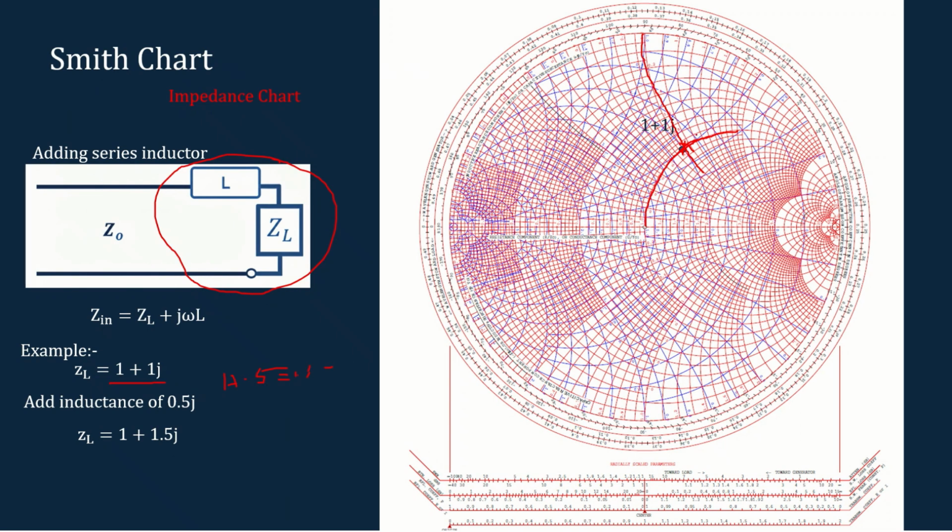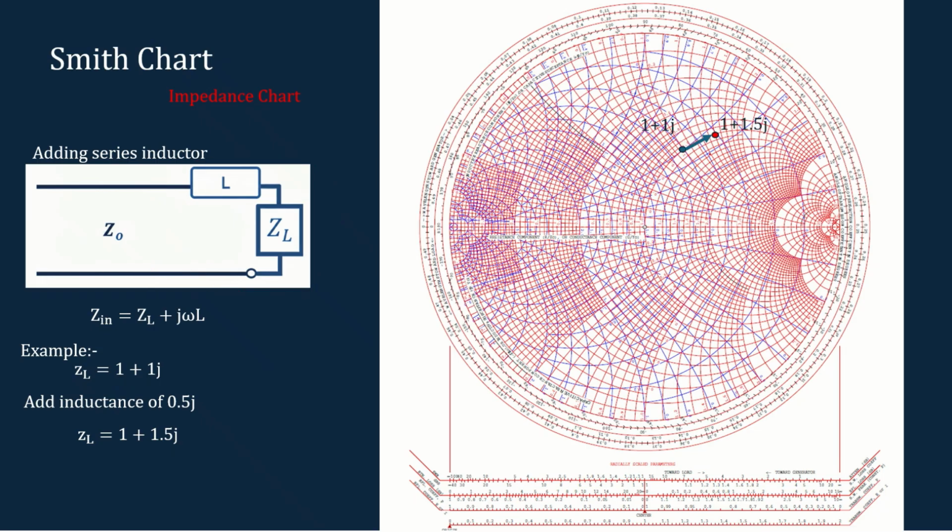On this constant circle, I have to find the inductance value corresponding to 1.5. Here you can see 1.2, 1.4, 1.6, like that. So this will correspond to 1.5. This point will be my equivalent impedance value after adding the inductance.